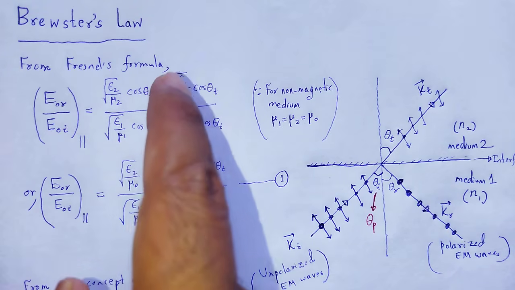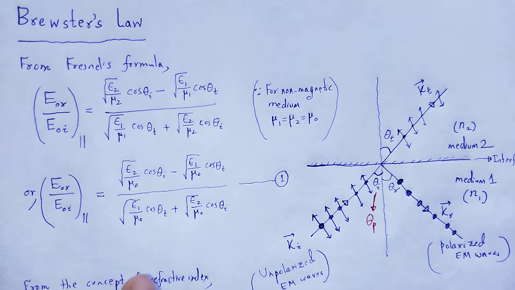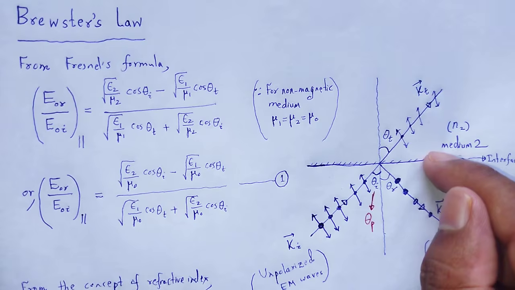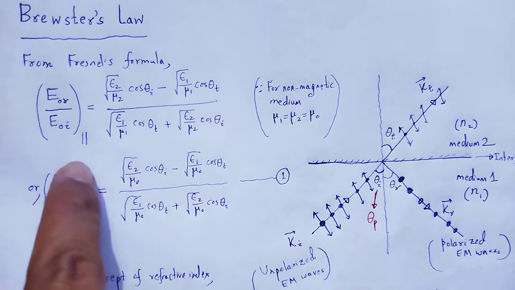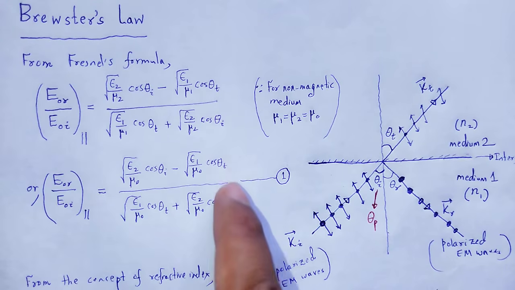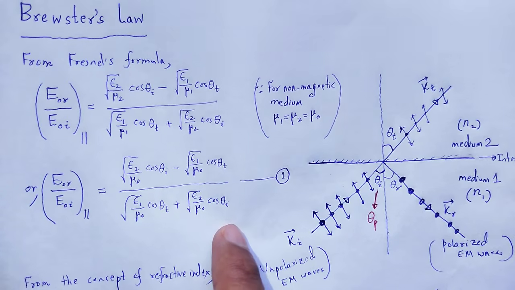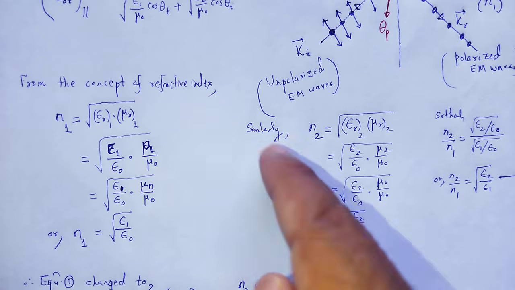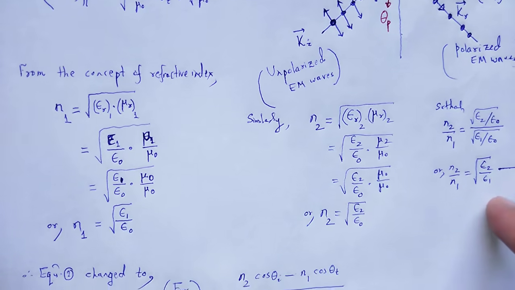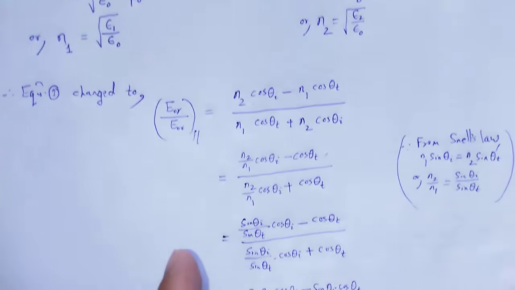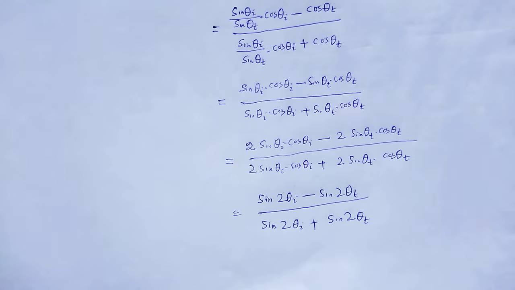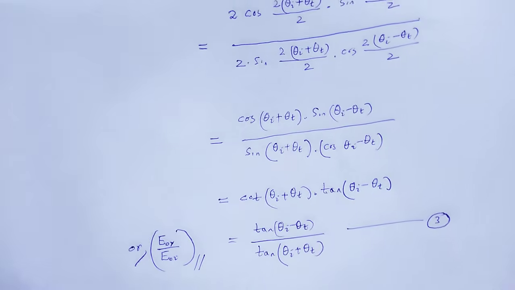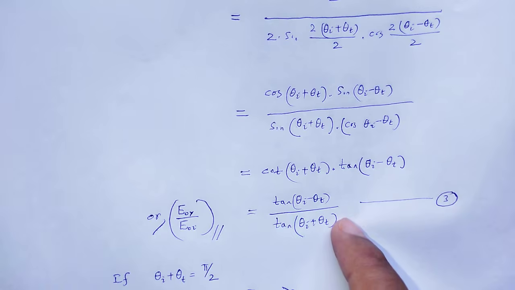We proceed from Fresnel's formula. When the electric field vector is parallel to the plane of incidence, this is the first Fresnel's equation. The refractive index formula is used, and simplifying that, we obtain this.